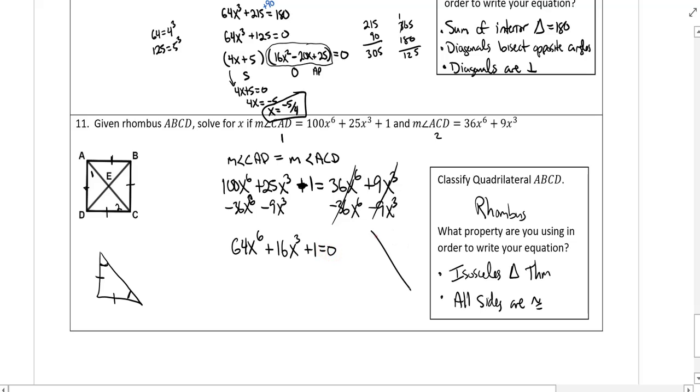This is a trinomial, so we're going to try out the trinomial factoring. Multiply the first and last term together, get 64x to the 6. Put the middle term here, 16x to the third. And looking for two numbers that multiply to 64 but add to 16.